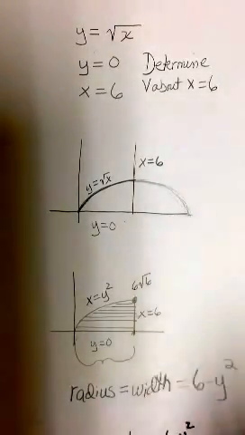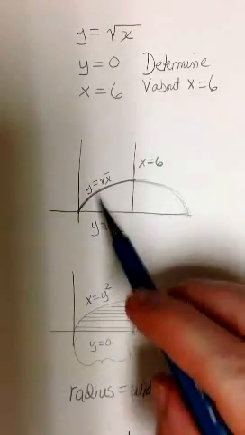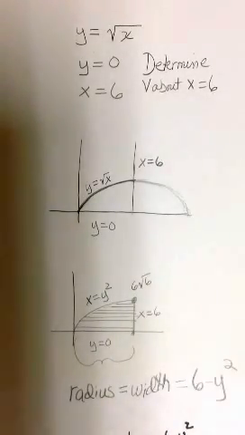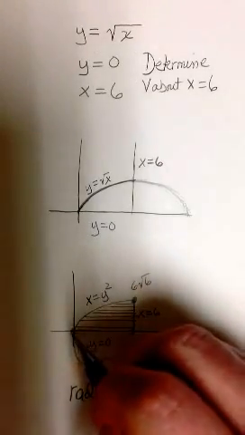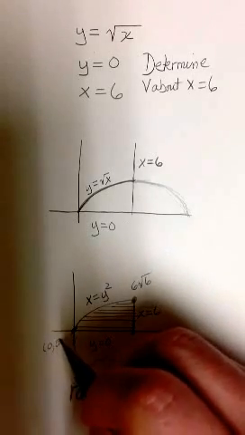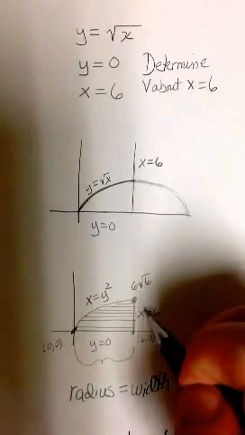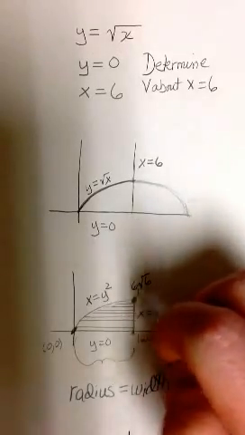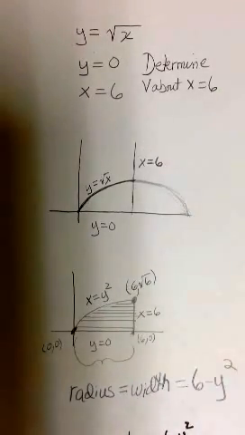And for key contact points, we have the boundary x is equal to 6, we now have x is equal to y squared, and we have the base y is equal to 0. And of course we have for the activity going on, from 0, 0 to 6, 0 to 6, square root of 6 as our points of contact.